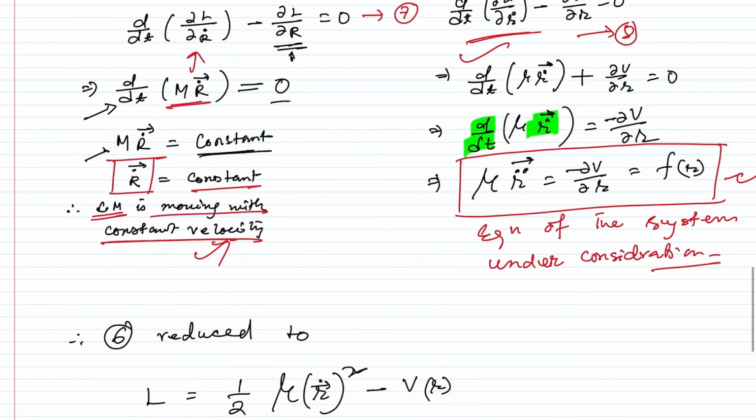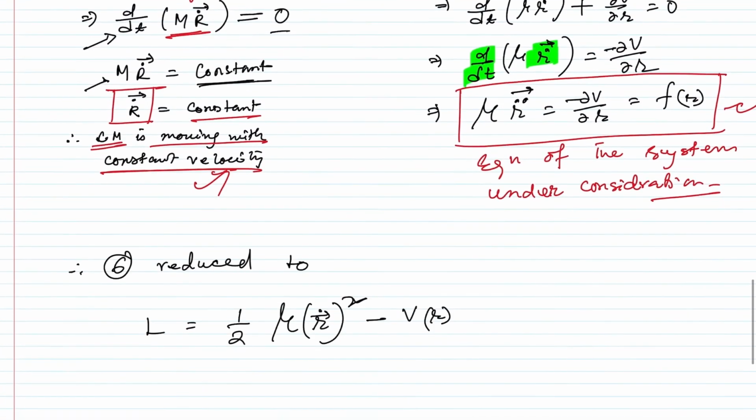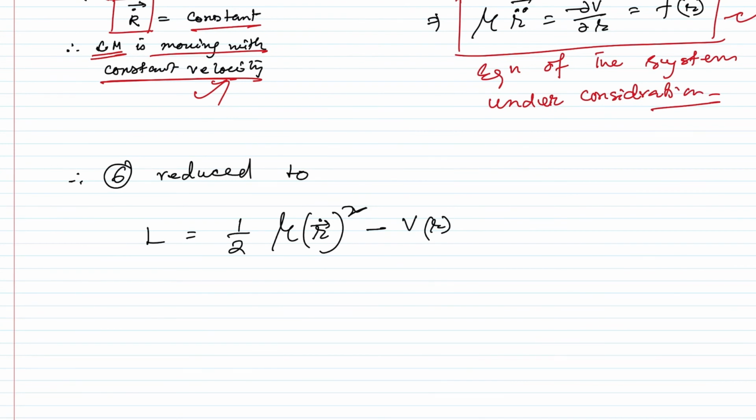So this equation number 6 is reduced to this equation. We have ignored this term as the center of mass is moving with constant velocity, which is not affected by the motion of the system of particles. So that's why it can be reduced to this form.